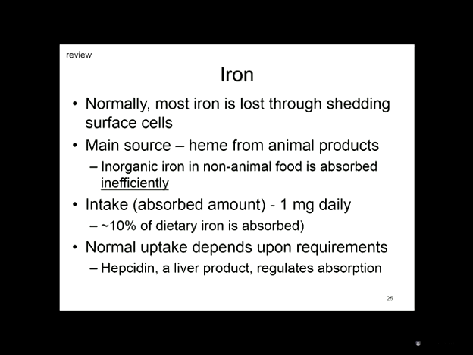I just don't know the number. But we lose a lot of iron every day with those cells. So in order for us to make up the loss, we need to take in at least 1 milligram in our diet because only 10% of that is typically absorbed. So that's what we need. We need about 1 milligram in order to keep up with just the simple loss with shedding.